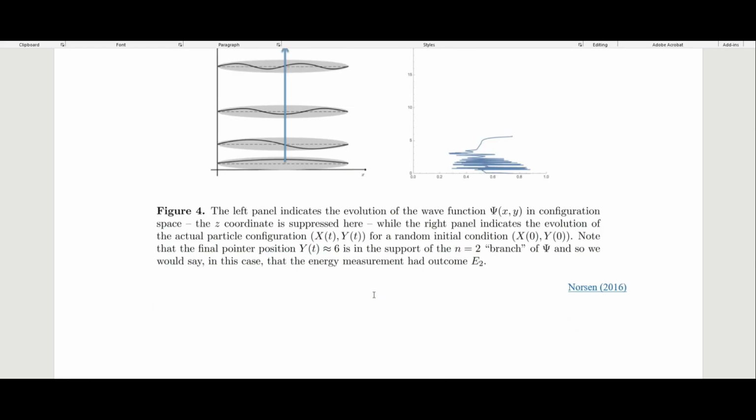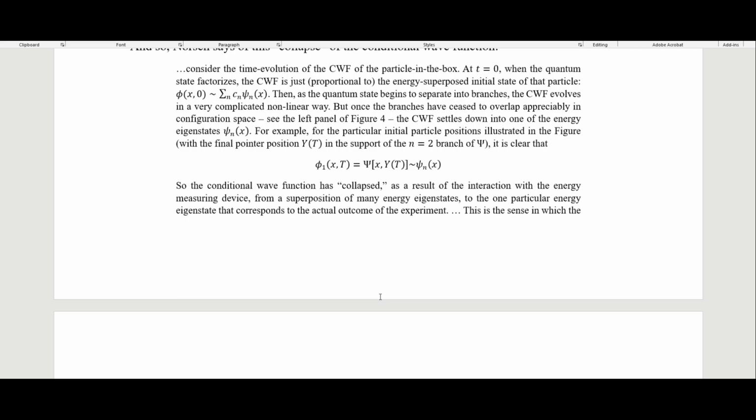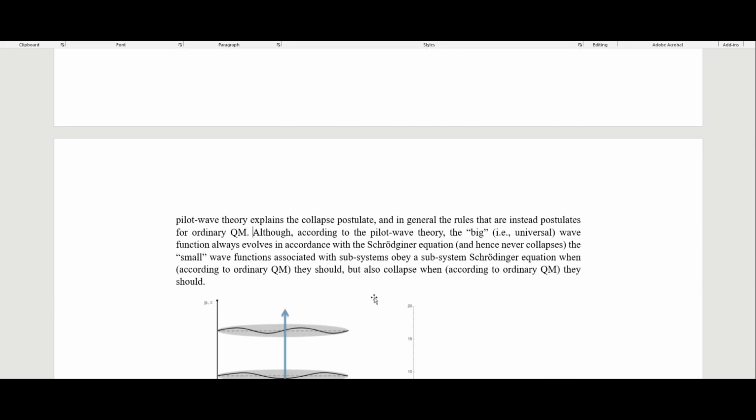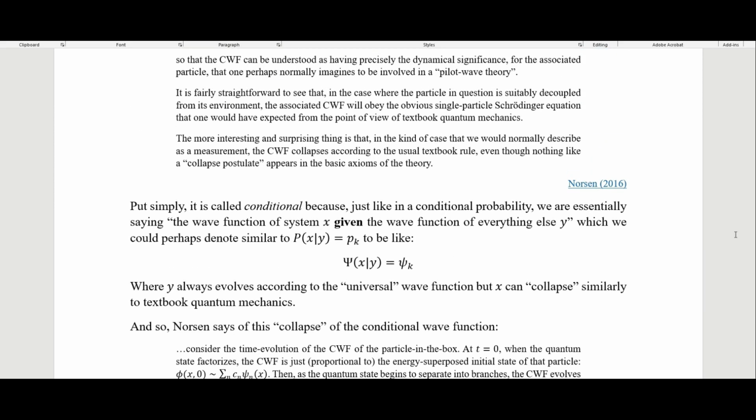This is just that same figure I showed above. But he's saying that we can derive this collapse for a conditional wave function rather than just postulate it, and that the collapse will behave exactly the same way as in textbook quantum mechanics.